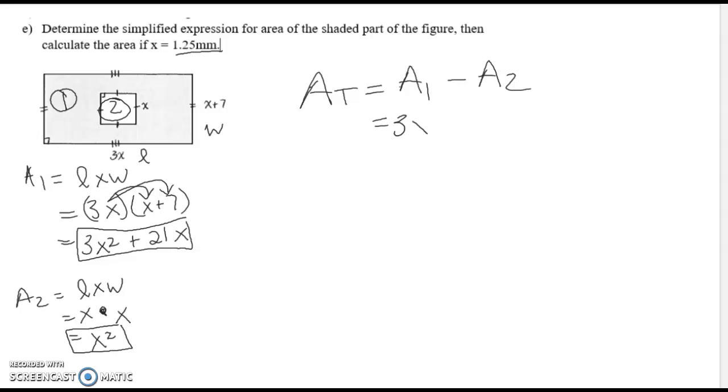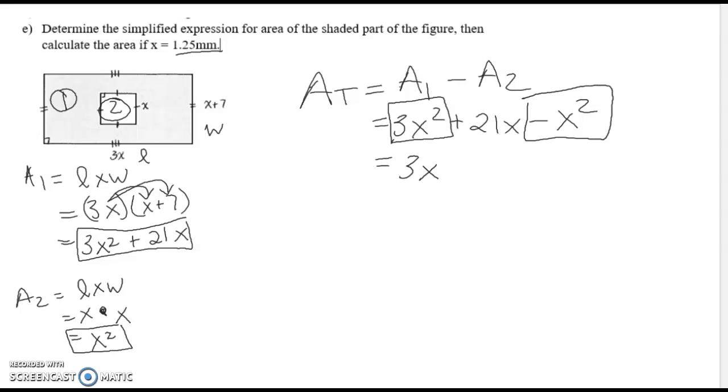So we have 3x squared plus 21x, which was area 1, subtract area 2, which is x squared. Okay, so we can collect our like terms. So here is an x squared, and here is an x squared.